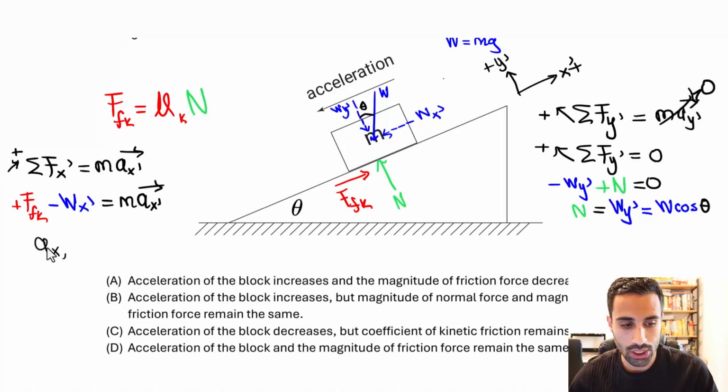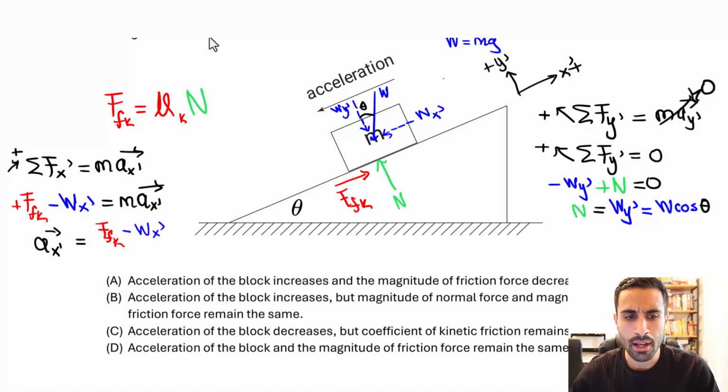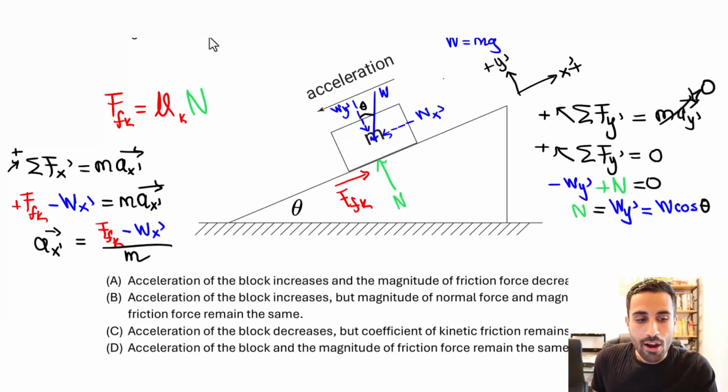So the acceleration in the x prime direction is going to equal the force of friction kinetic, minus the Wx prime, and we take all of this divided by the mass. This is an important relationship, and that really tells us everything we need about the acceleration, and that will help us arrive at a conclusion.